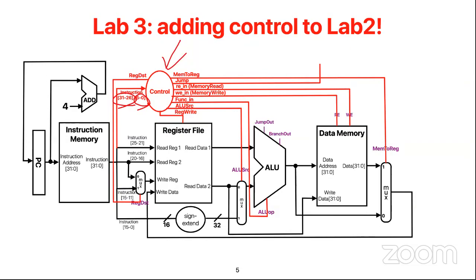So let's look at this. If you have a load instruction, you know that you should enable the read, and you should set memory to reg to 1 as your input for write back. You also know that your destination register should be encoded in this way, so you have to set this mux to 0. You might ask, how do I know what to do?